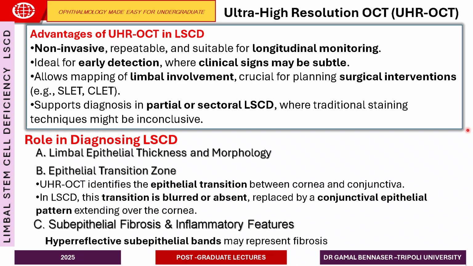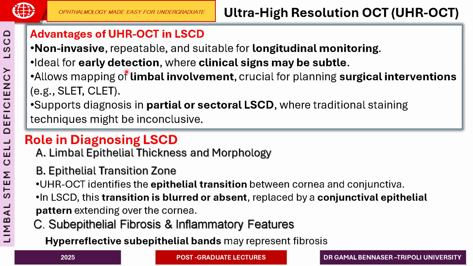So what are the advantages of the use of ultra-high resolution OCT in the diagnosis of limbal stem cell deficiency? As I said, because it is non-invasive, it is suitable for long-term monitoring and also useful in early detection where the clinical signs are still minimal. So in suspicious cases where the clinical signs are not evident by slit lamp examination, it is useful for early detection.